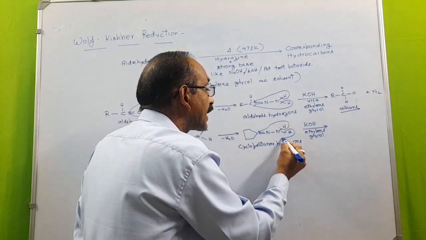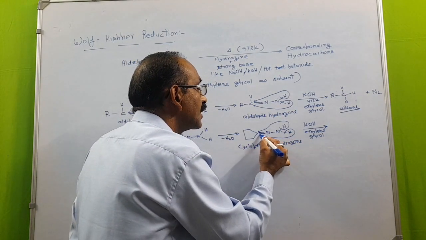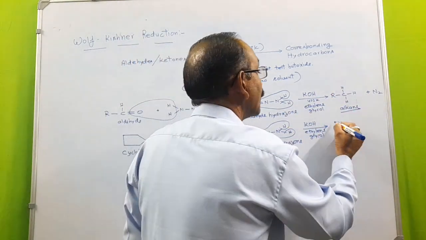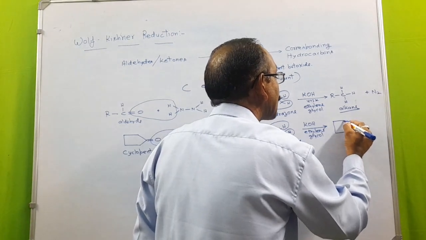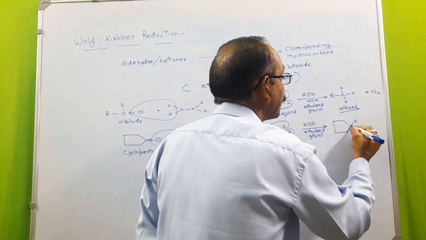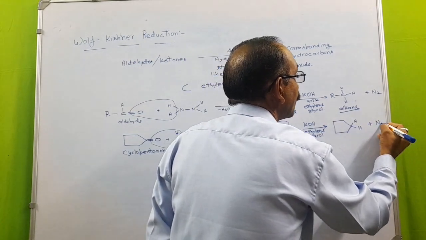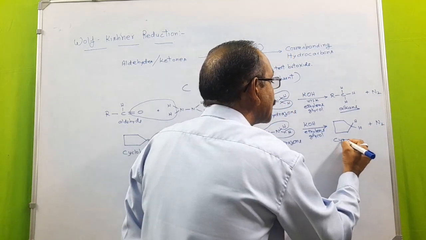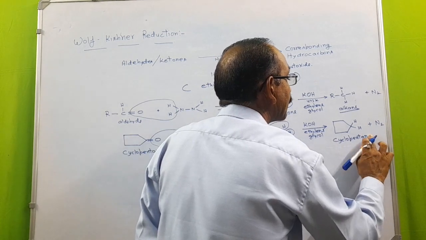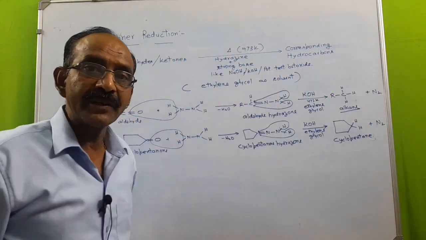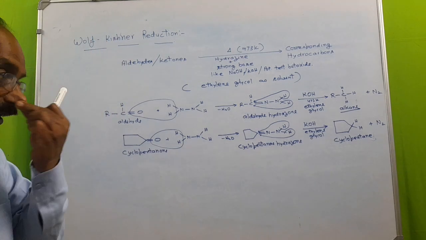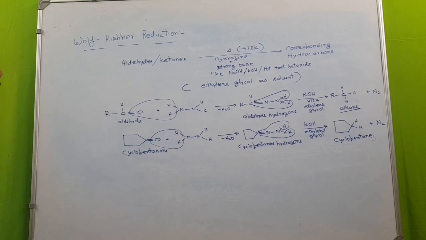See, these two electropositive hydrogens will be removed and the nitrogen molecule sets free, and the two hydrogens which are removed from the nitrogen will form bonds with the carbon, and the nitrogen molecule sets free. We obtain here cyclopentane. Is it clear? Now we'll discuss how the reaction occurs, means the mechanism of the reaction.